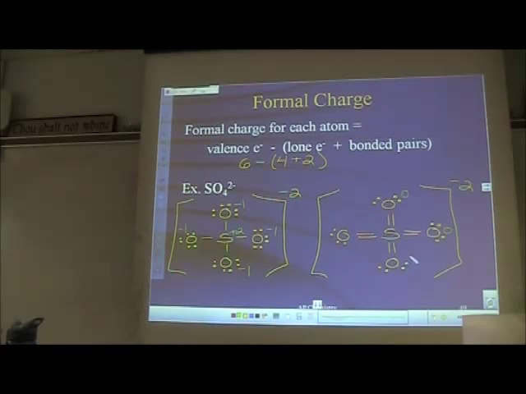How about this one? Yep. And this one. Okay. What about that sulfur in the middle? 6 minus 0 plus 8. Okay, -2.